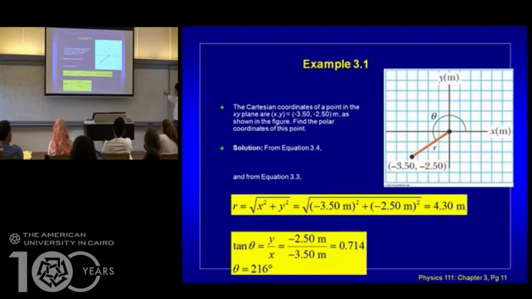So I said tan theta equals negative 2.5 divided by 3.5, and you have calculated theta to be negative 35.5. What is the angle theta? This is the angle theta. This angle I'm going to call alpha, not theta.